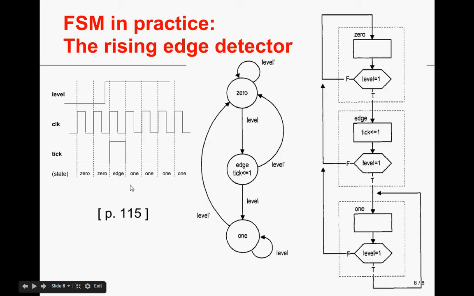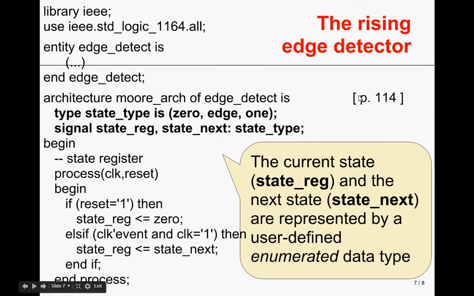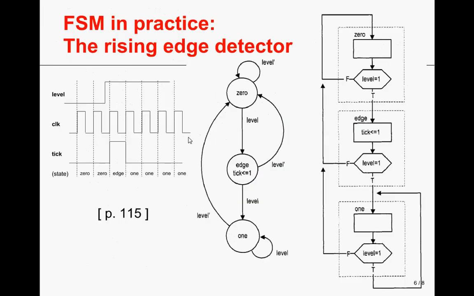I strongly recommend that you go to page 115 and see, in this case, the code is represented before the ASM chart, and so you can use this listing in the project navigator, and you can create a test bench once again and watch the operation of the rising edge detector in practice. I strongly recommend that you do it because that will be the best way to fully understand how this works.